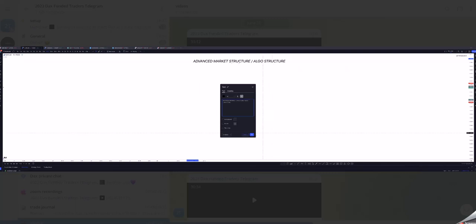Today I'm going to keep it real simple and real short. The first section is going to be identifying the swings. Let's just move on to this.